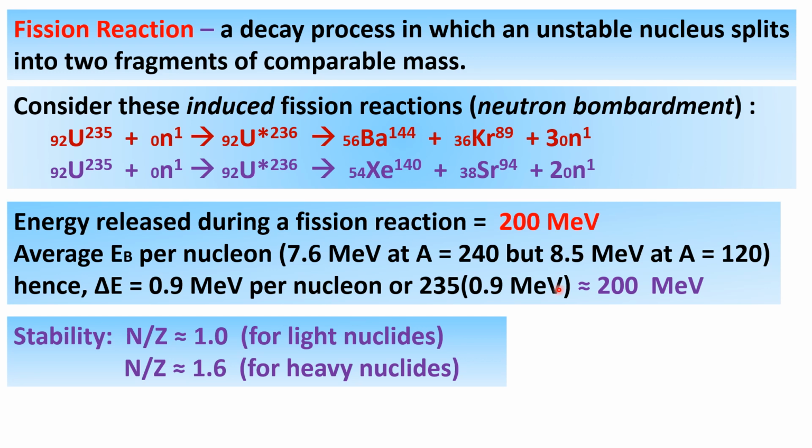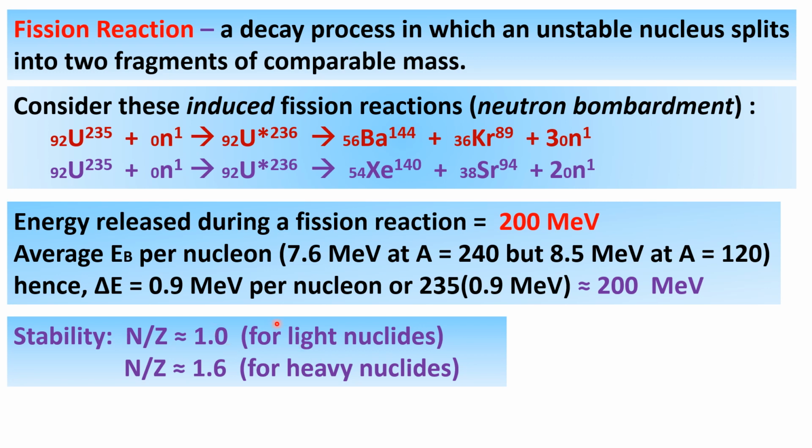Remember that when we discussed stability during the first part of our lecture series, I emphasized in the video tutorial that stability is attained by a nuclide if the ratio of the number of neutrons over the number of protons is approximately 1.